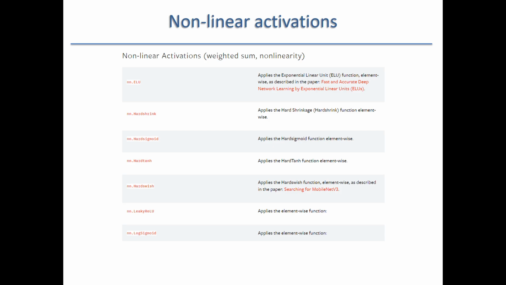So you have multiple possibilities, this exponential linear unit, hard shrinkage, so there are really many. All of them, if you want the exact formula, go to the documentation. But they are different ways of introducing nonlinearity into the neural network.